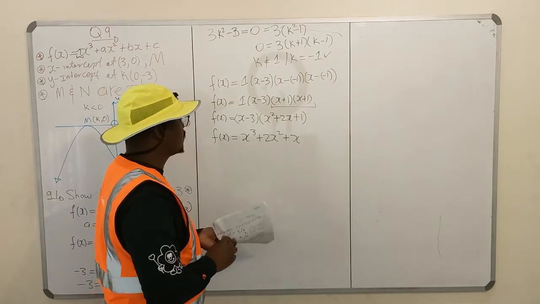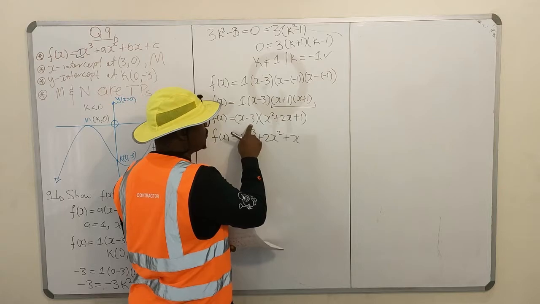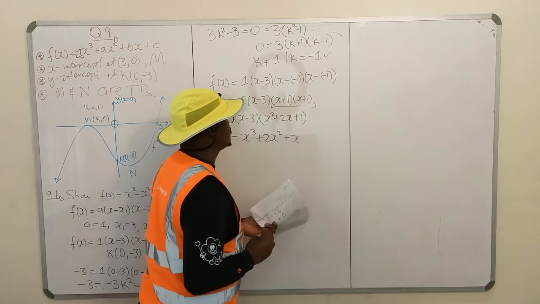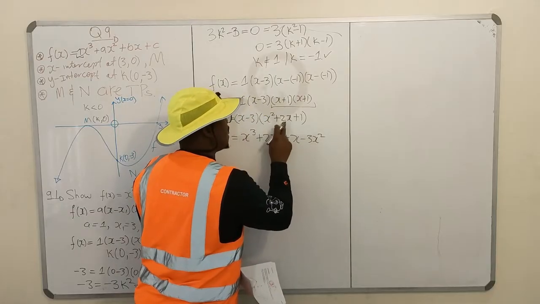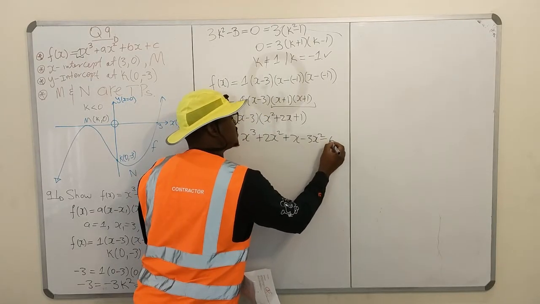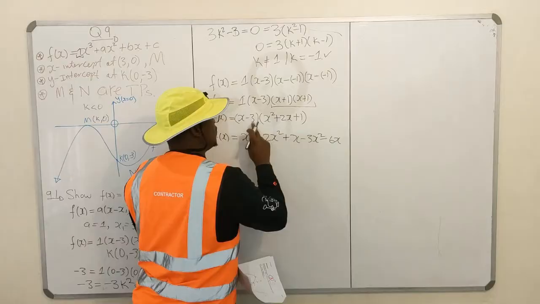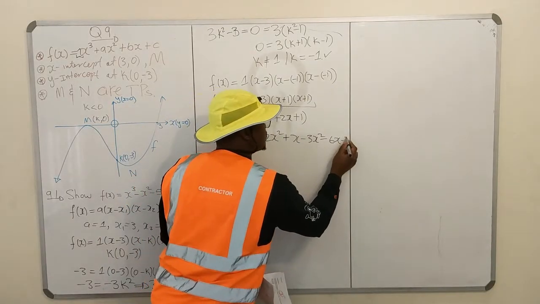We're done multiplying with this one. So multiply with this one. This times that is minus 3x squared. This times that is minus 6x. Negative 3 times 1 is minus 3.